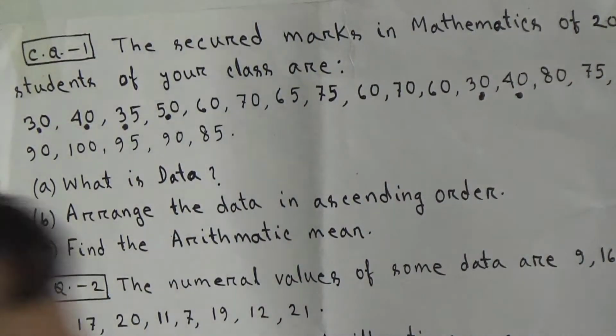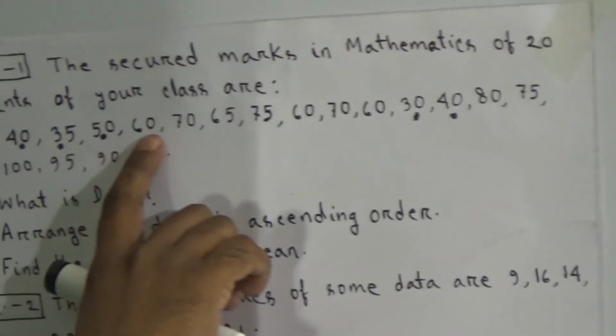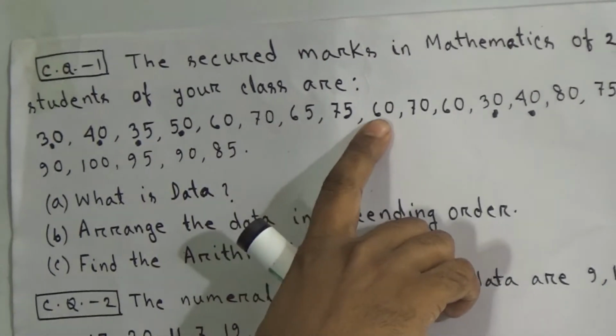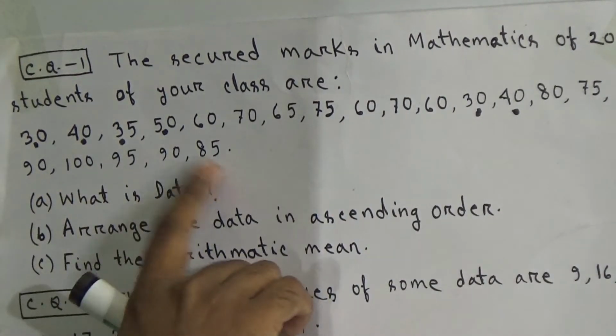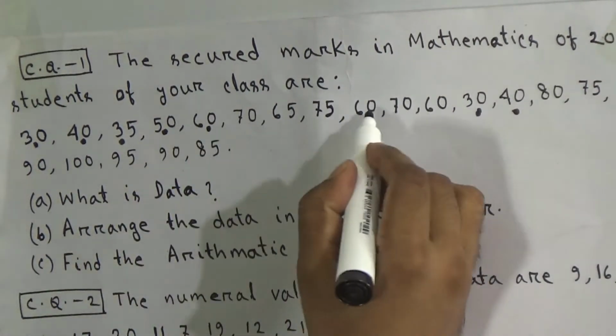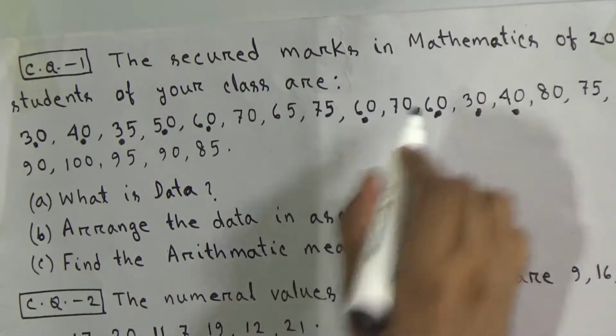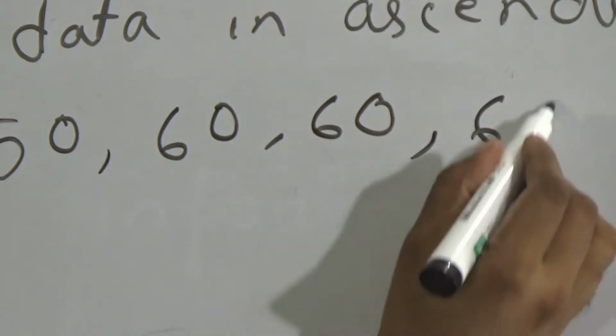We'll write now 50. Then after 50, which is the smallest? Here 60 exists, 3 times 60. We'll write now 60 in 3 times, 60, 60 and 60.